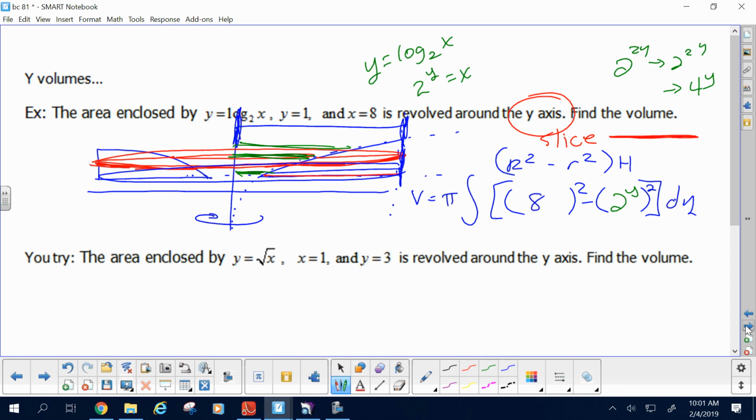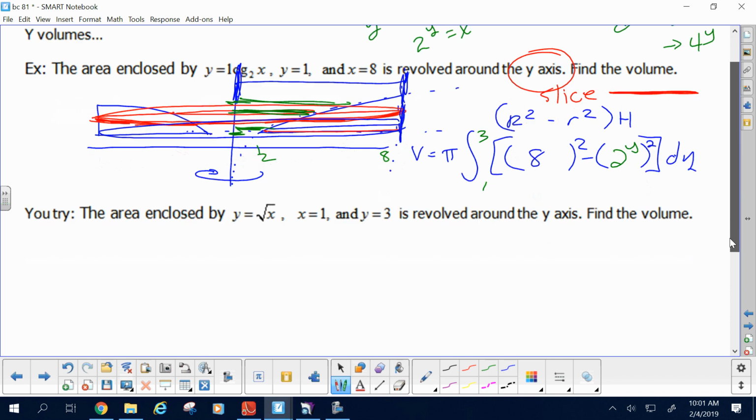What are the limits of integration? Is it still 2 to 8? No, these need to be y values, so 1 to 3. You put that in, integrate that, and call it good. Try the next one on your own then, please.